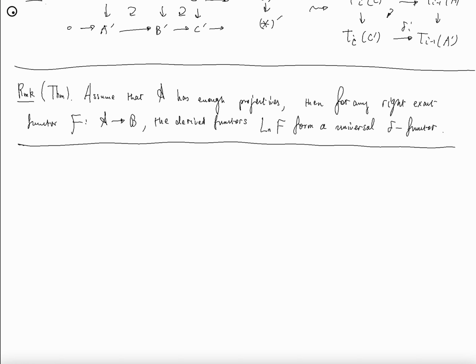So let me write down more precisely. A morphism of delta functors is a system of natural transformations.